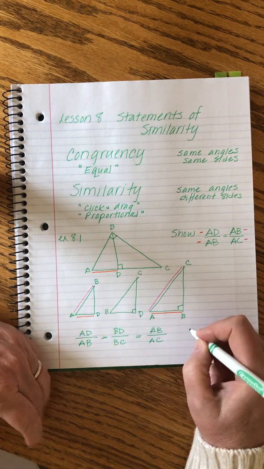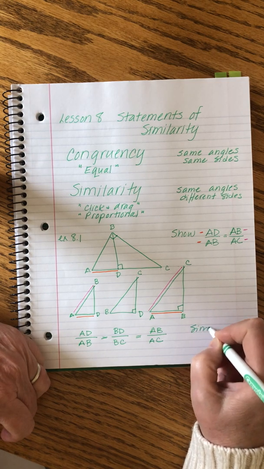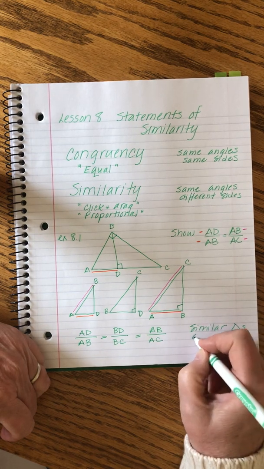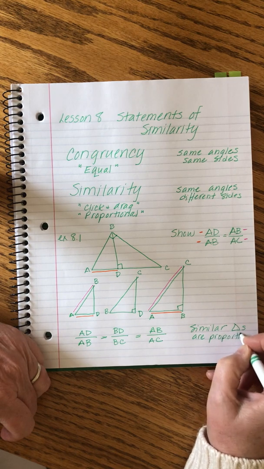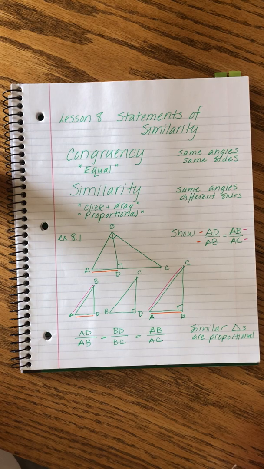And that's true because similar triangles are proportional. How do we know these are similar triangles? Well, because I told you, right? That's one reason. But another reason we know that is because we can show that they all have 2 out of 3 angles in common.